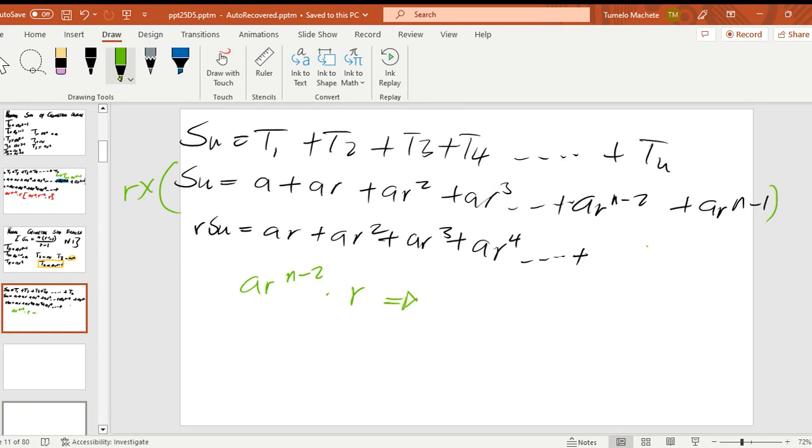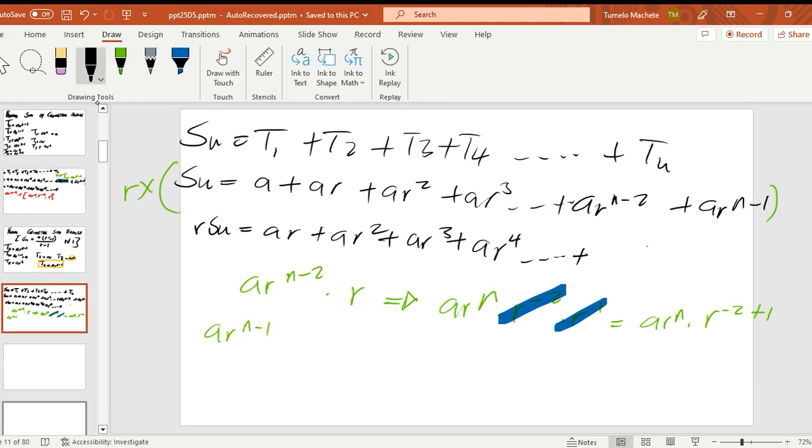You notice that if you split this, you're going to have Ar^(n-2) times r to the power 1. So now you're going to add the exponents of the like terms. So here you're going to have Ar^(n-2+1). Then your answer will be Ar^(n-1).